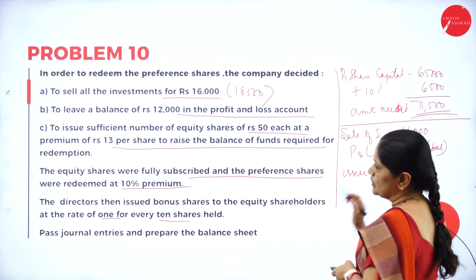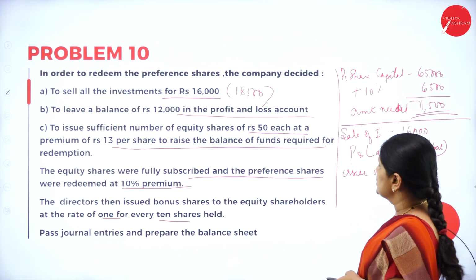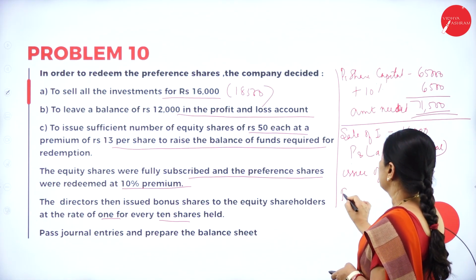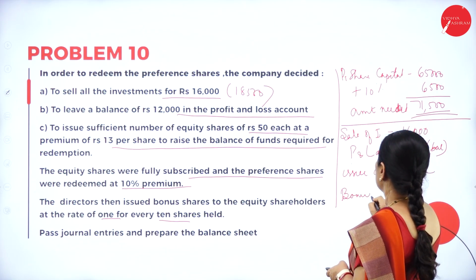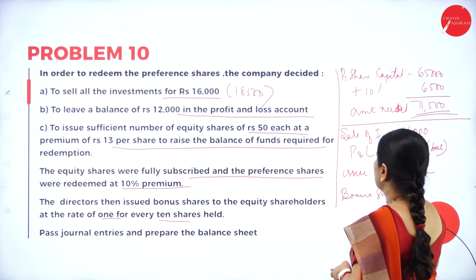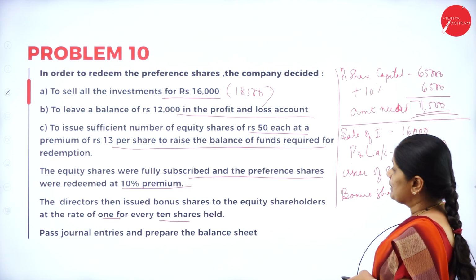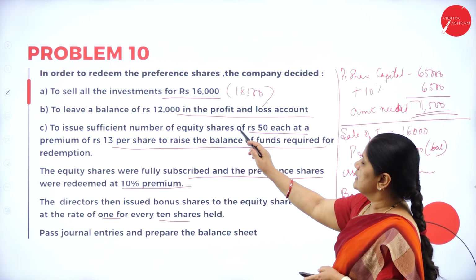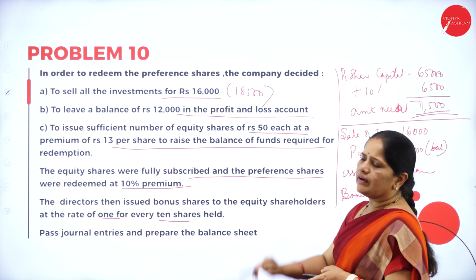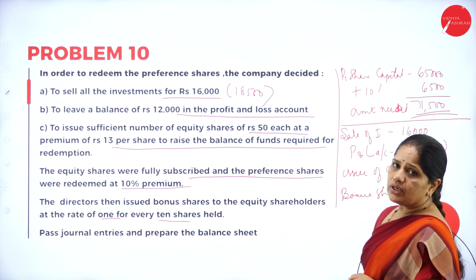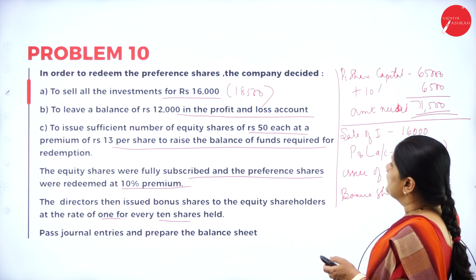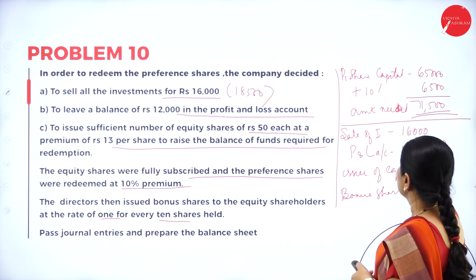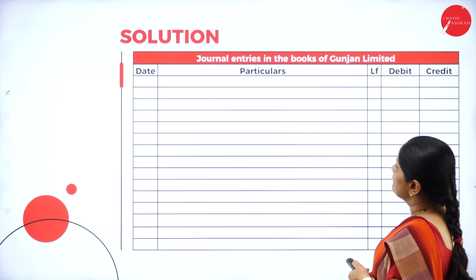So this they have to decide, what is the number of equity shares to be given. Then there is a bonus issue also. So bonus shares are issued. For that we have to pass 2 more entries. Then before that we have to decide the number of equity shares we have to issue for the purpose of redemption. Now first thing is, we will write the journal entry for sale of investments.